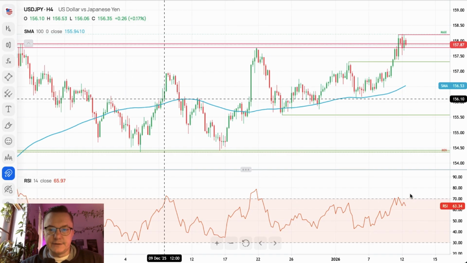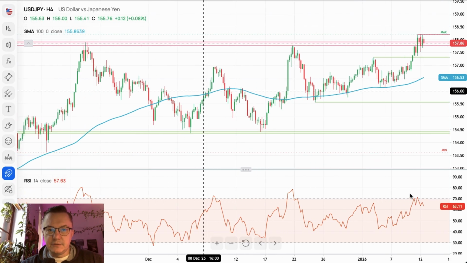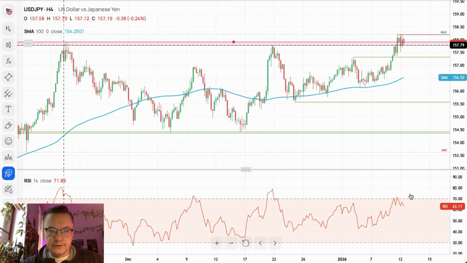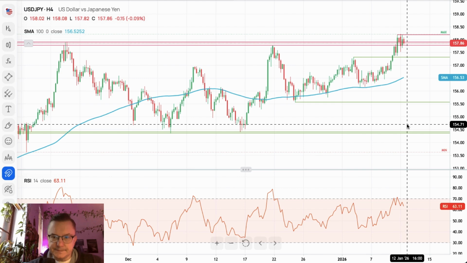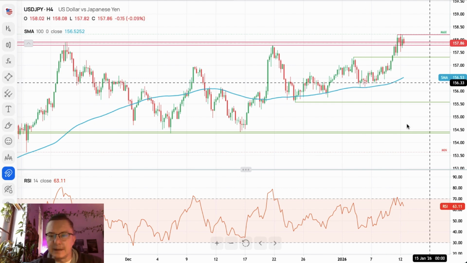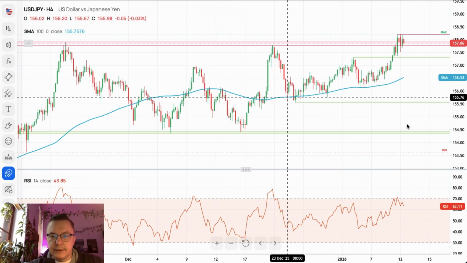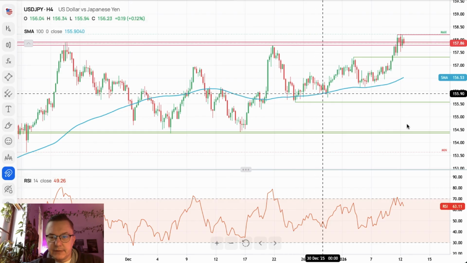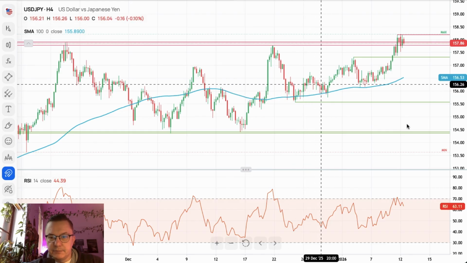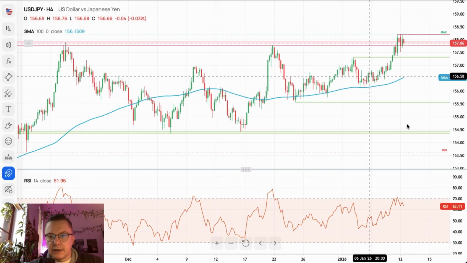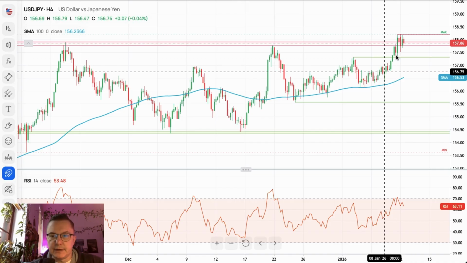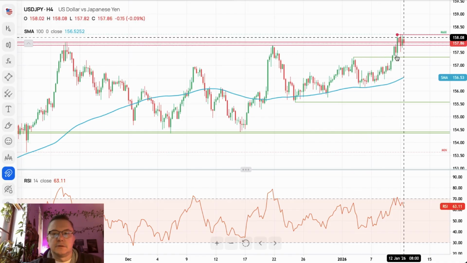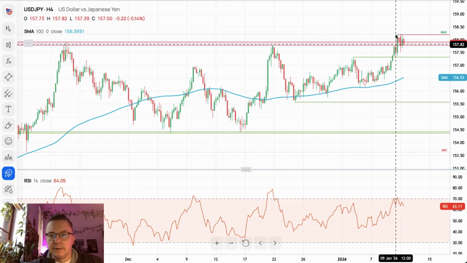So right now, if we zoom out, we can see that maybe this movement to the upside was just to grab the liquidity above this swing high at November 20th and then reverse to the downside. Again, back to the range. Nevertheless, if we keep an eye on our 100 periods moving average, we can see that it provides very nice dynamic support for the market on its way towards 158.19.